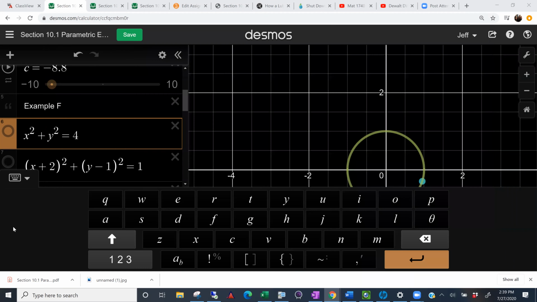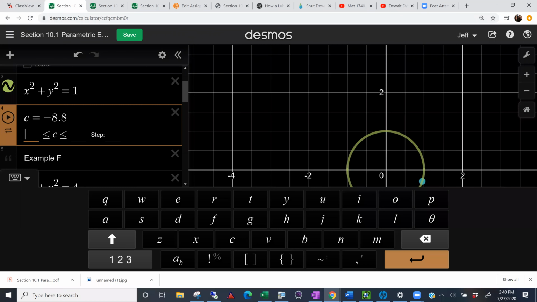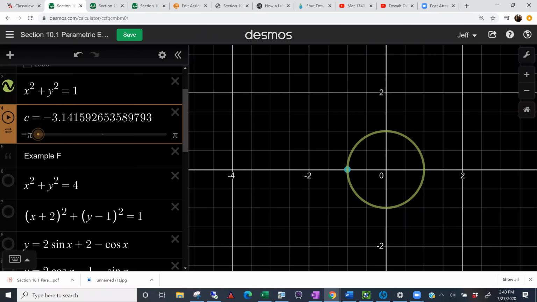So let's look back at our graph. I'm just going to change this up to be -pi to pi. So those are my limits. Now notice where it starts out. It starts out on the x-axis. And when I trace it, I don't think I'm going to get everything.